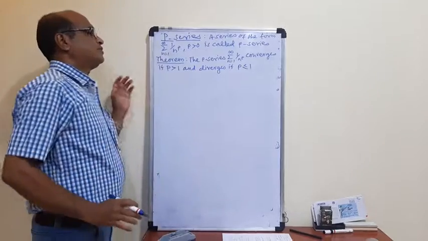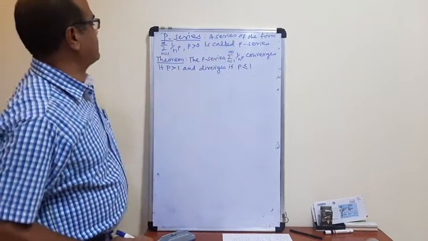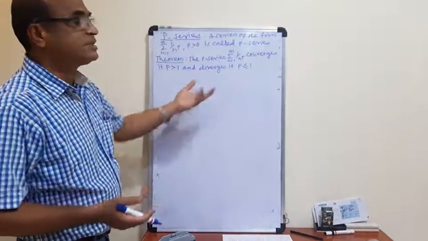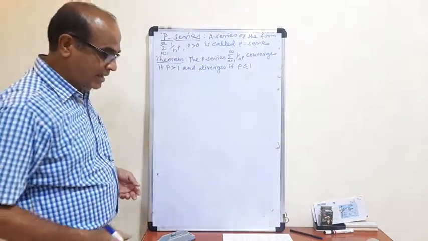So show that the p series converges if the value of p is greater than 1, and diverges if p is less than 1.